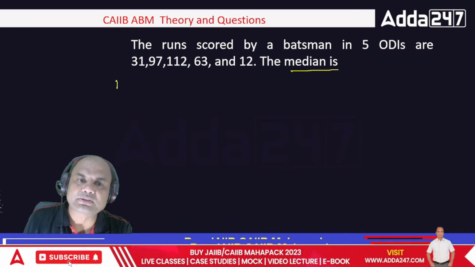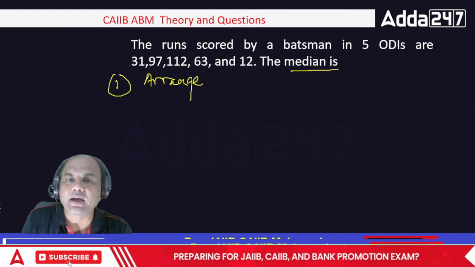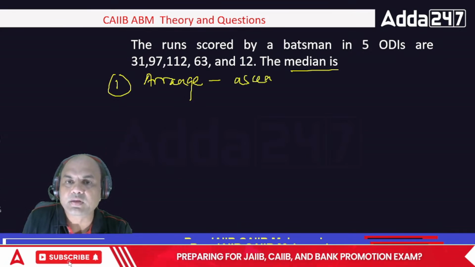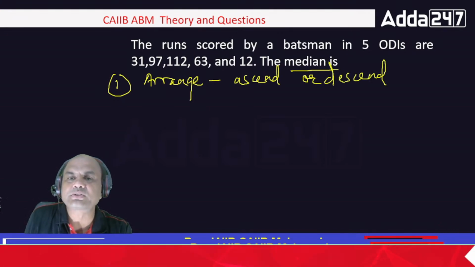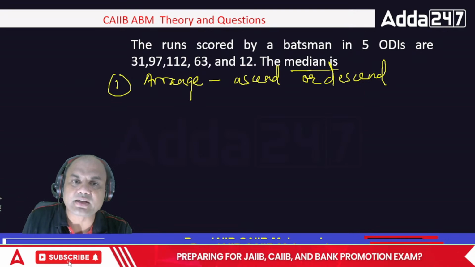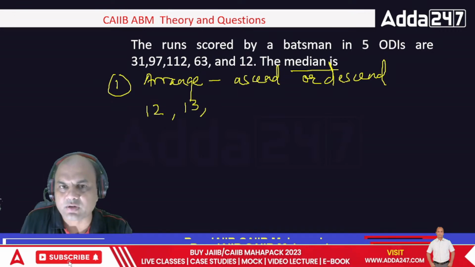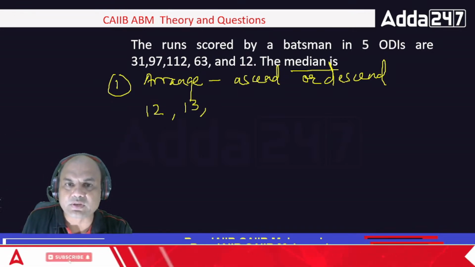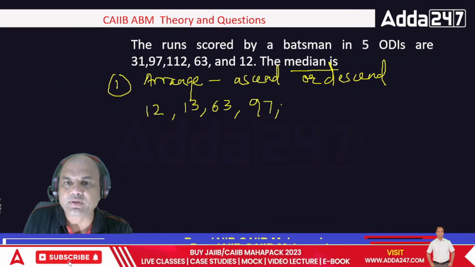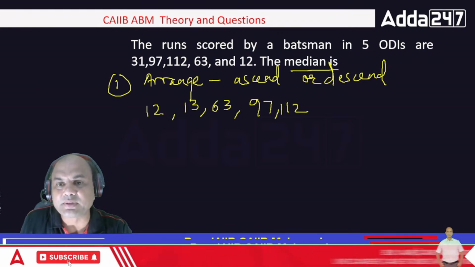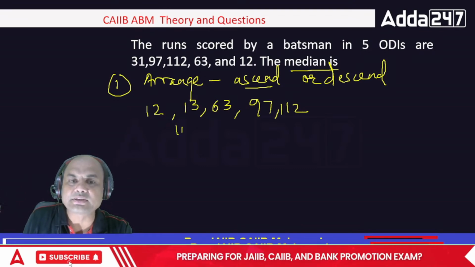First, arrange them either in ascending or descending order. So ascending: 12, then 31, then 63, next 97, and last one is 112. So we have arranged them in ascending order. Ascending means increasing order.